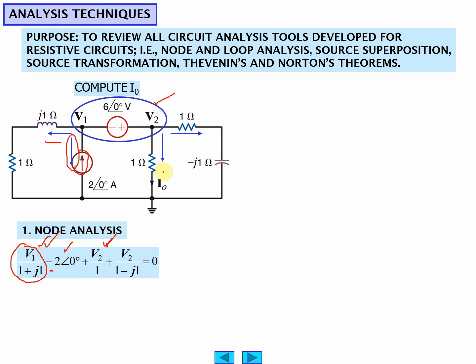It's I naught, by the way, what we're trying to find. And V2 over the sum of these two is the current leaving also. So leaving is positive. Everything going out is the way this is looked at.